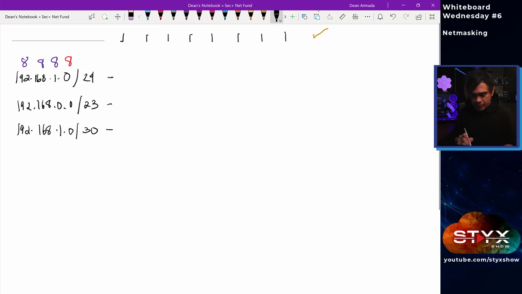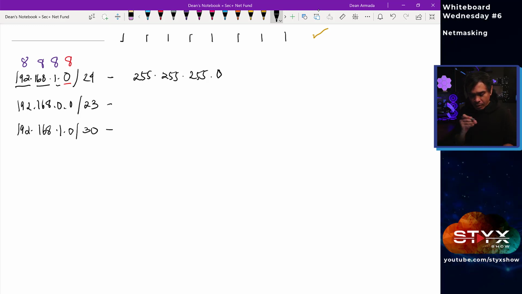So what will happen is all of the network side are set to 1. So all 8 bits are set to 1, and when we say all 8 bits set to 1s, these are already considered 255. This is also 8 bits set to 1 because it's on the network side, 255 on the third octet, and it's only the last octet which is not a network side. That's why we're going to use 0.